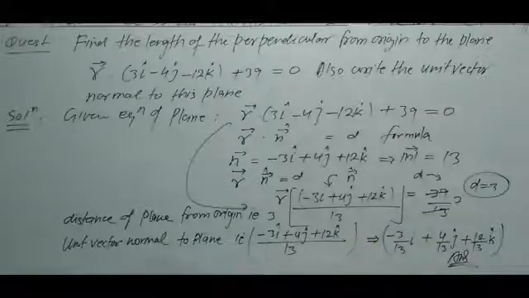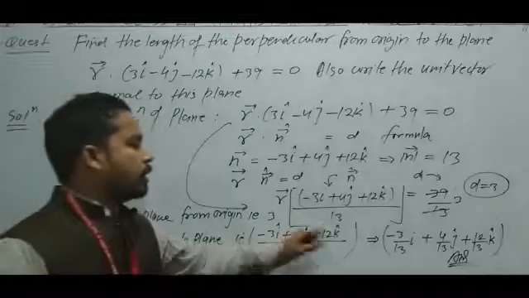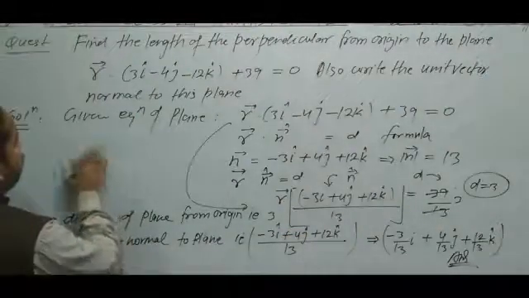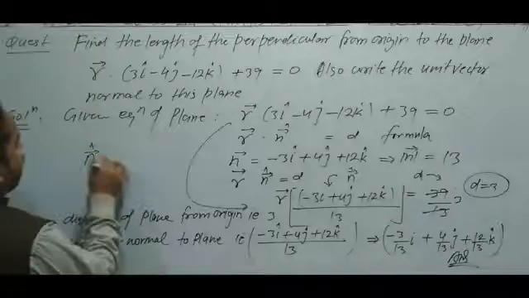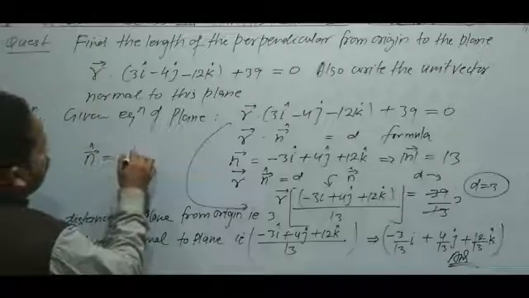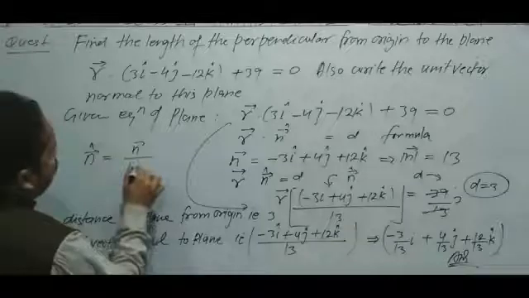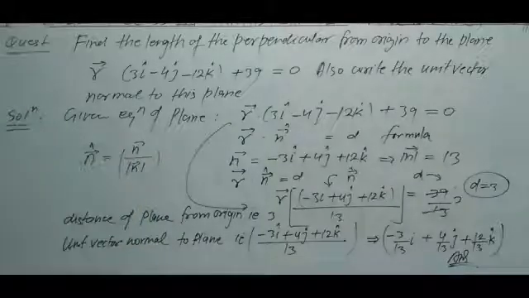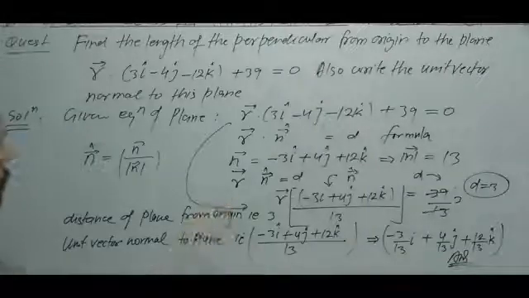So we have to divide by 13 because unit vector n result is vector n upon mod of vector n. So this is the form, and we have solved this.